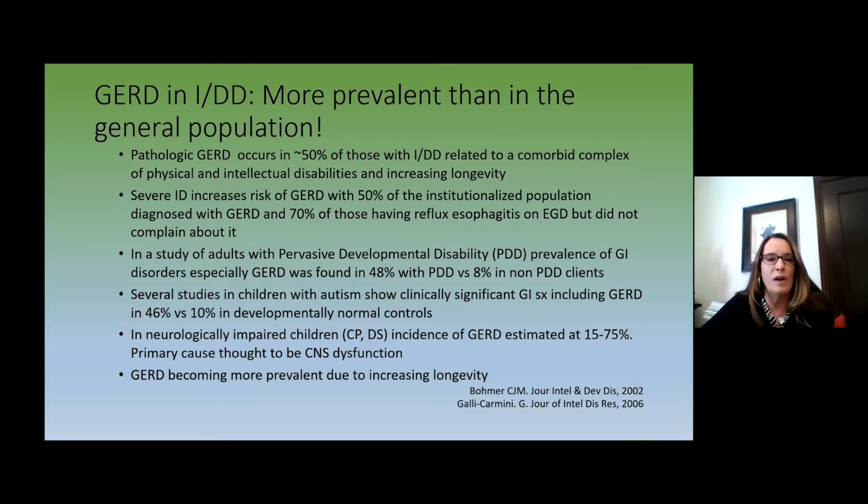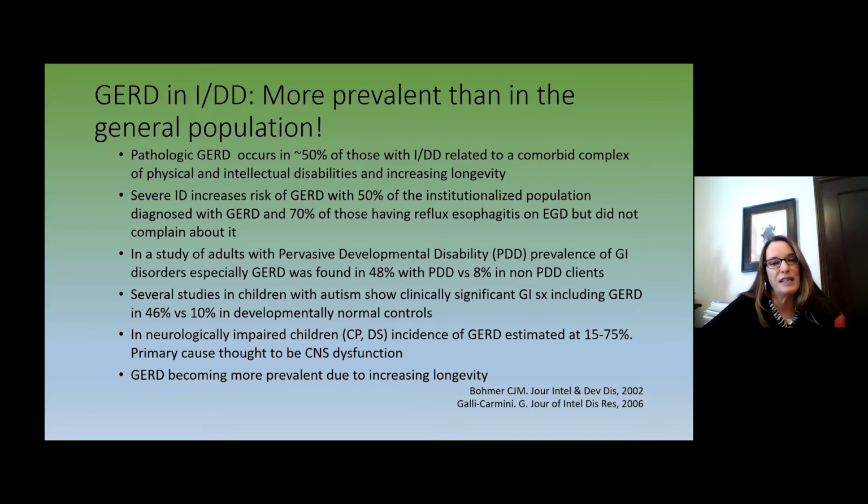And while we don't have as many institutionalized folks with IDD, some of the landmark highest quality studies were done by Boehmer. And this is a Dutch group that studied folks in institutional populations. And it showed that over 50% of this population had GERD, and 70% of those had reflux esophagitis on EGD, but none of these people complained about it.